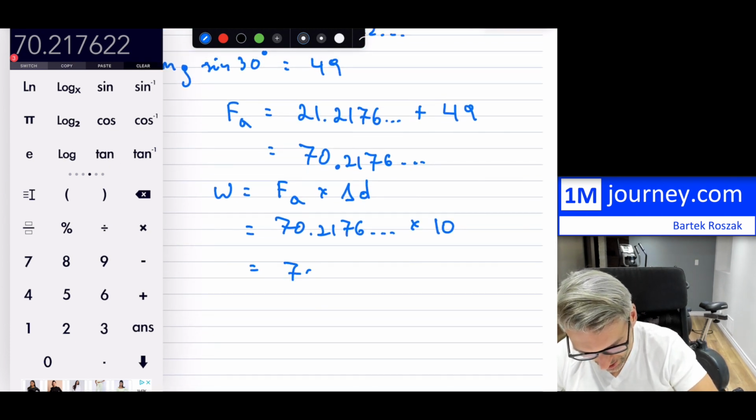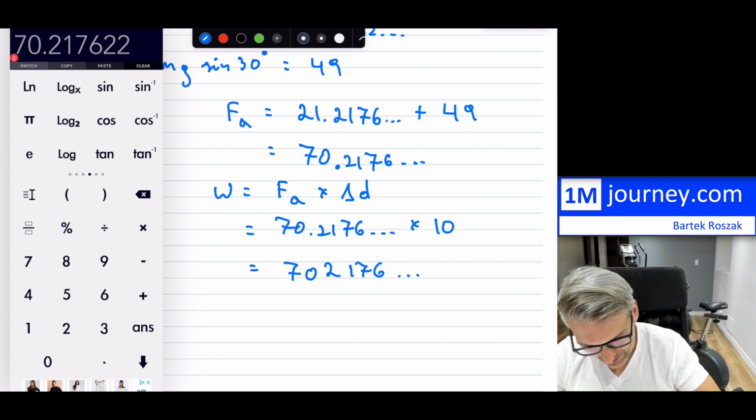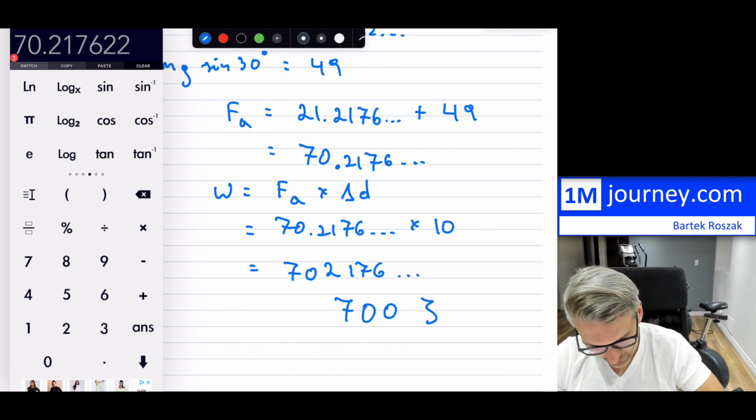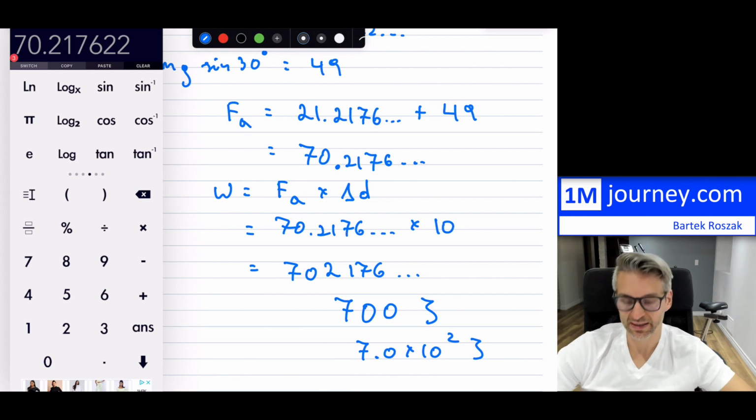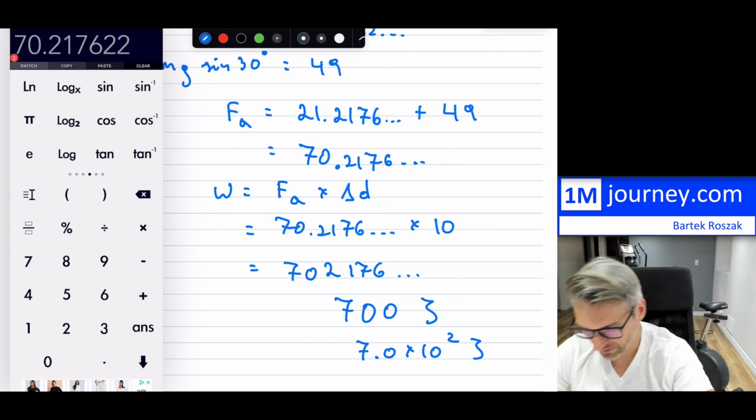So that's going to be approximately 702.176, etc. So it's about 700 joules. Okay, and if you want to write it to two significant figures, just put it in scientific notation, so that the mantissa will have two significant figures.